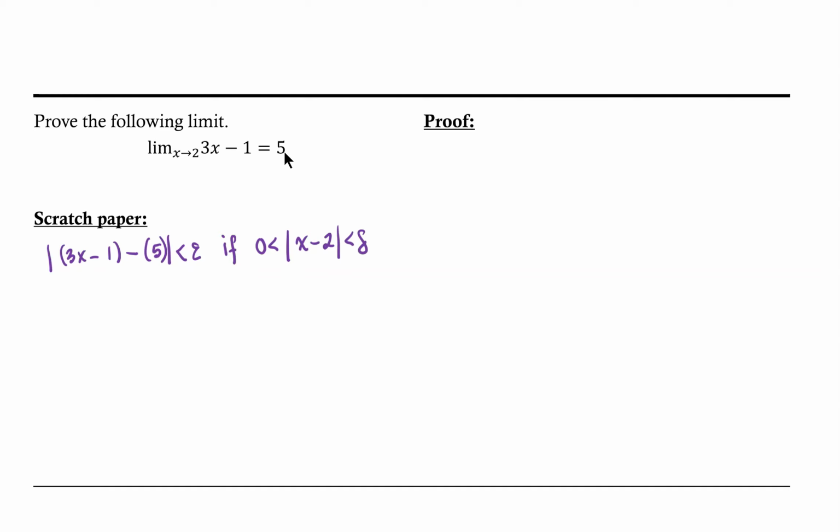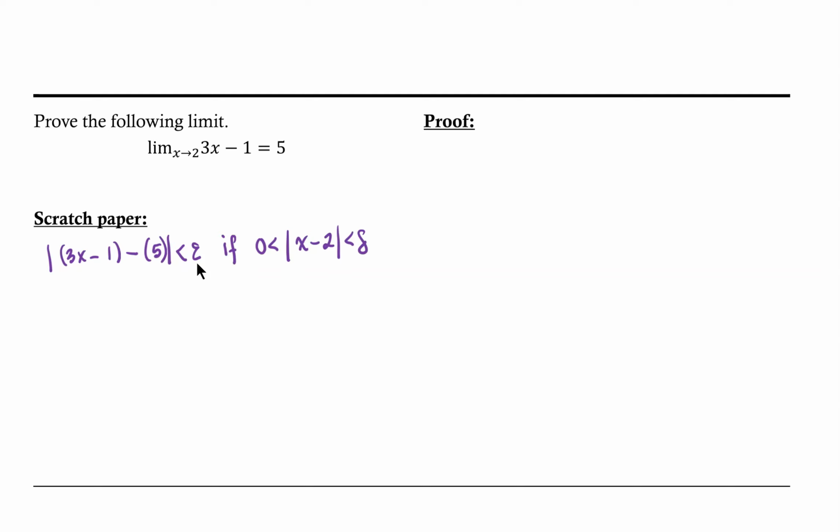So this is our scratch paper, and we're going to work with this function and this inequality involving epsilon, the function, and the limit a little bit so that we can see if we can find a value of delta, an interval around 2, such that it'll work for any epsilon that I would be given.